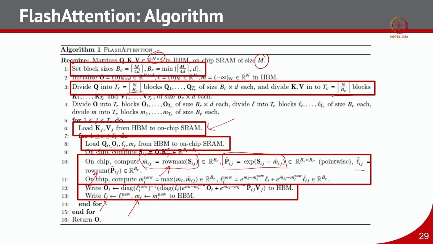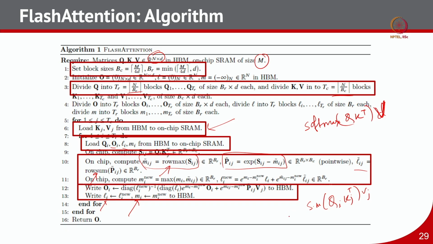So, you can see what we are actually doing. Instead of computing softmax of Q K transpose multiplied by V, I ignored the scaling term, we are performing softmax of Qi Kj transpose multiplied by Vj, and we are also keeping track of some statistics.